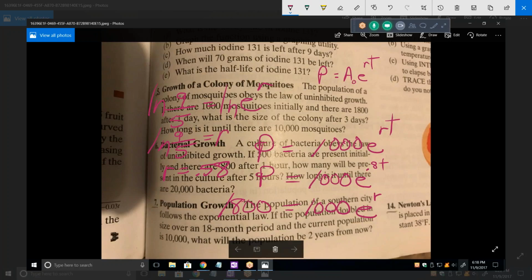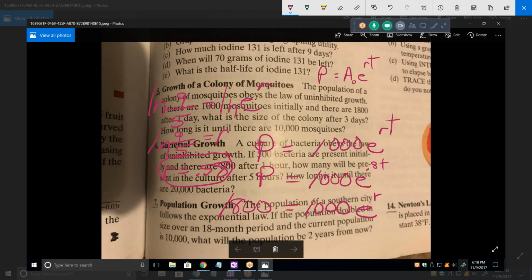Therefore, the growth rate seemed like it had to be 80%. Mm-hmm. But if you do it based on continuous compounding, you realize that it doesn't have to be 80%. That a growth rate of 58% would cause it to grow to 1,800 after a full day.